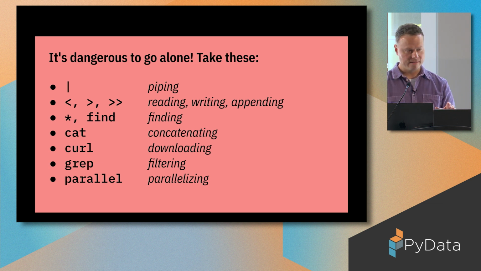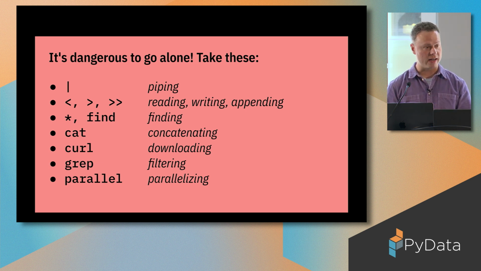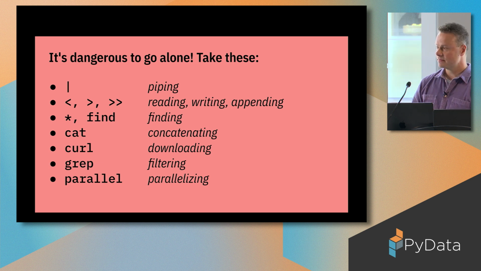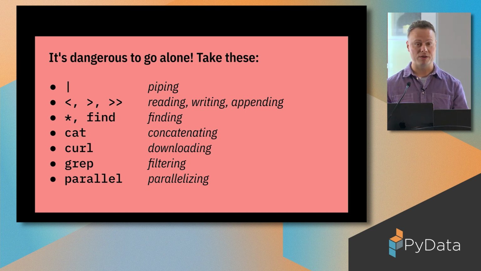So you shouldn't try to implement everything in your own tool. It's good to be aware of the existing tools that are already out there. These can be features that the shell provides, such as piping, or reading from a file, writing to a file, or globbing, so finding multiple files using some pattern, or command line tools such as cat or curl for downloading things.